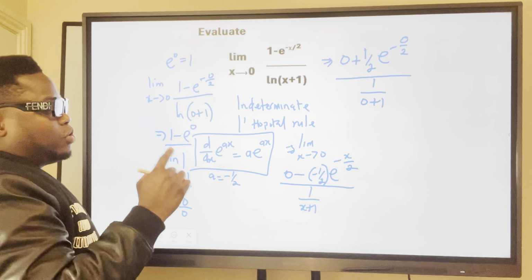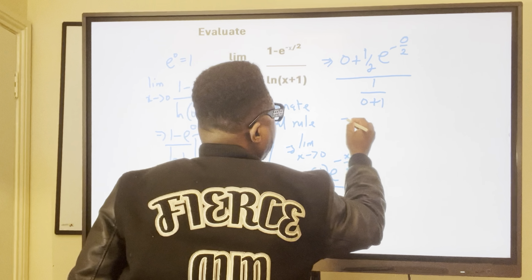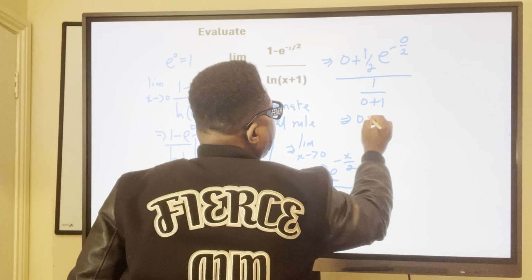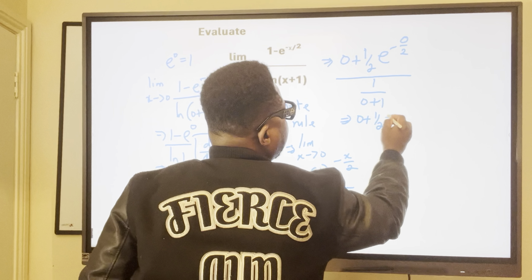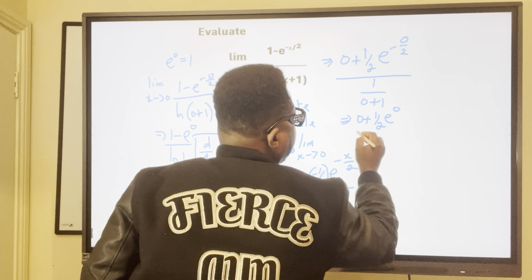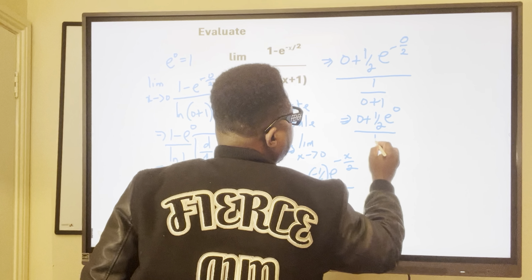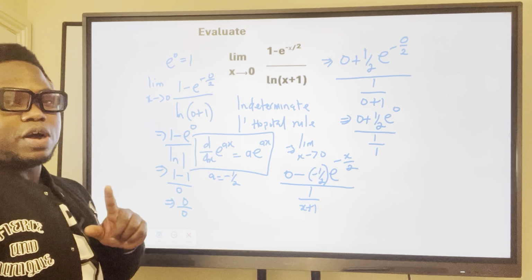Okay, now what do I need to do again? I'm going to simplify the expression. So I'm going to have 0 plus half e to the power of minus 0 over 2, divided by 1 over 0 plus 1, which is 1. Remember that 1 over 1 is 1.